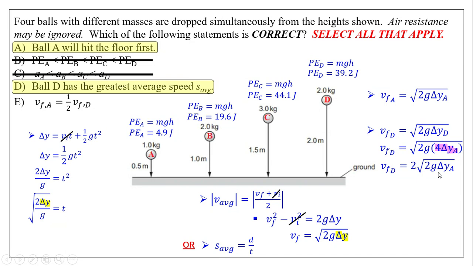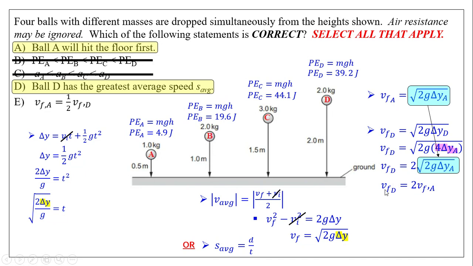But as you can see, using the same skill as before, I recognize that radical 2g delta y A is also present here. Radical 2g delta y A is simply the final velocity of object A. So I'm just going to substitute that out.